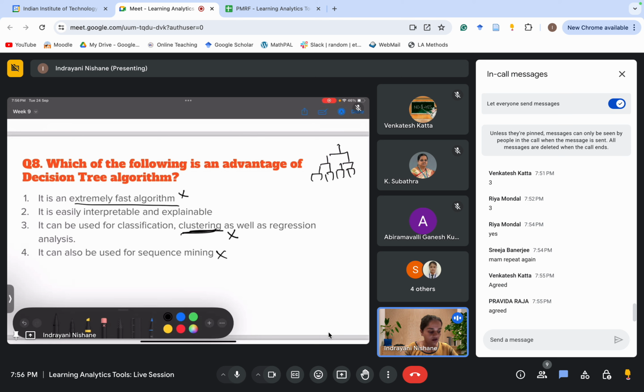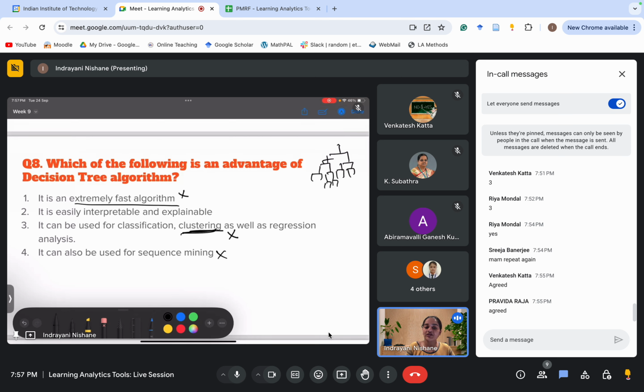When you consider every data point and every feature, and create conditions based on every feature value, you're bound to be slow. You're going into such detail, considering every value to branch out and create new leaves, that you're spending too much time on branching. So this is not a fast algorithm.